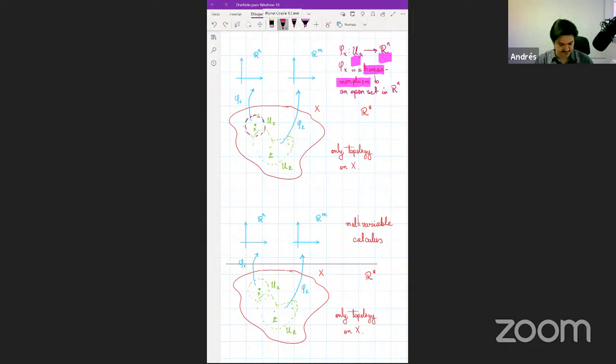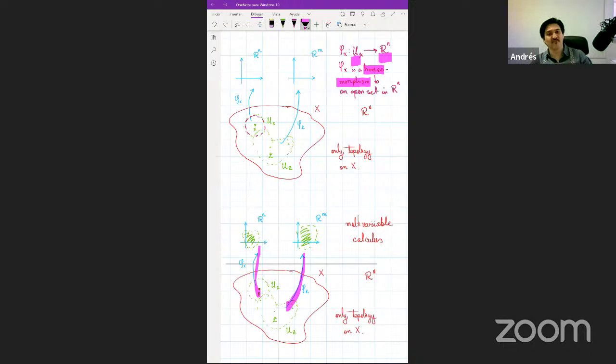So remember that phi of x is a homeomorphism between U of x and some open set. And then for the other one, I have another open set. And these two, I have only topological information.